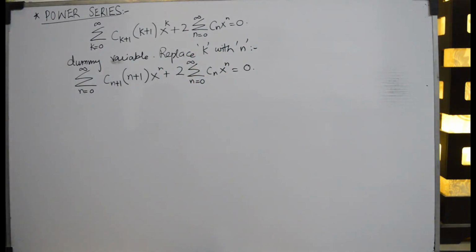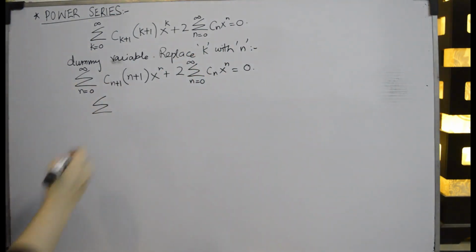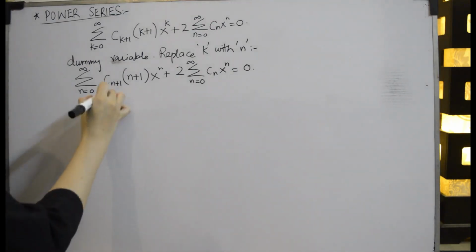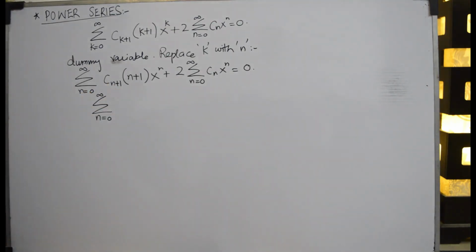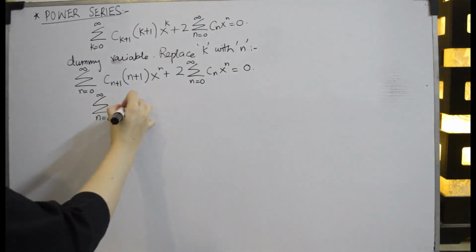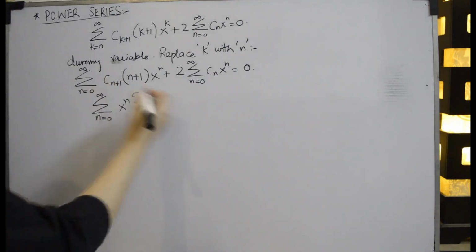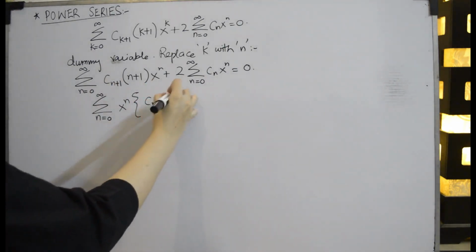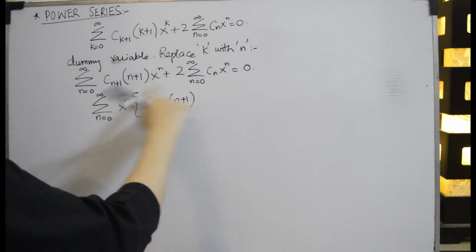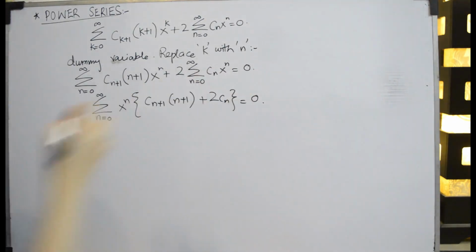Now you can take common this sigma, and that sigma starts from n equals 0 to infinity. And also one more thing you can take common, and that is x to the power n. So by taking x to the power n, the remaining terms are Cn plus 1 into n plus 1 plus 2 into Cn equals 0.